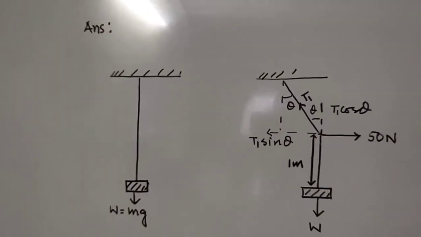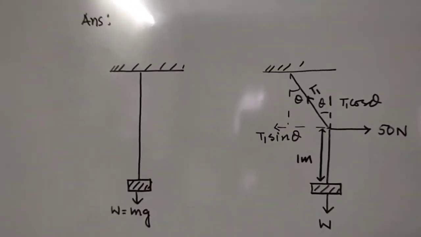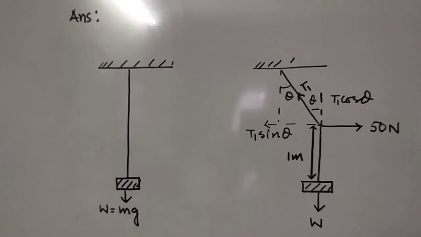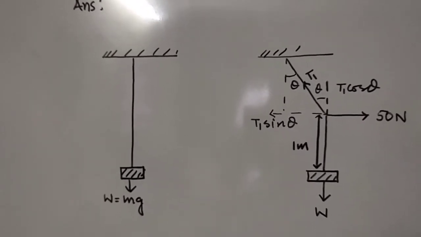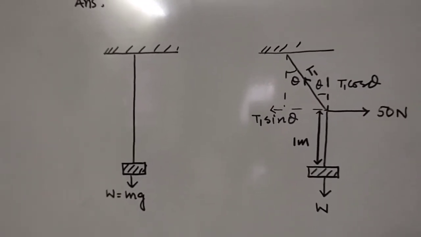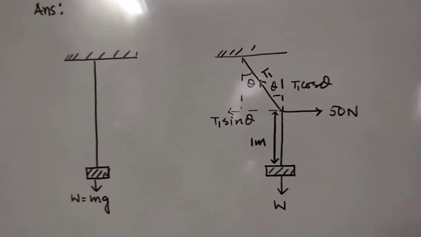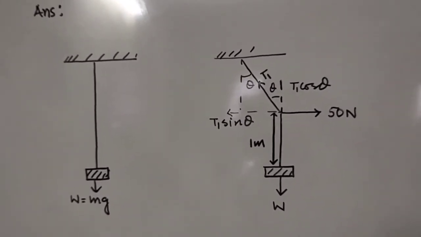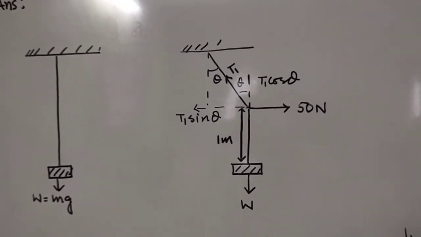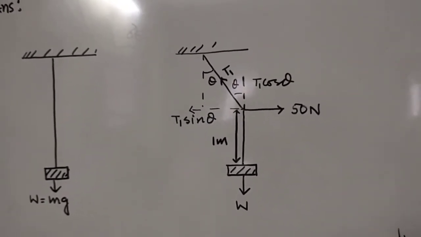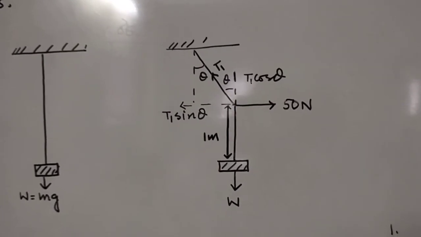Now you see this is your diagram. Now this is your rope and a mass is suspended at its free end and one end is fixed with the support. So mass is m, so weight acts vertically downward. Now you see this length of the rope is 2 meter as per the question. Now what we have done, we have applied a force of 50 Newton at the midpoint of the rope.